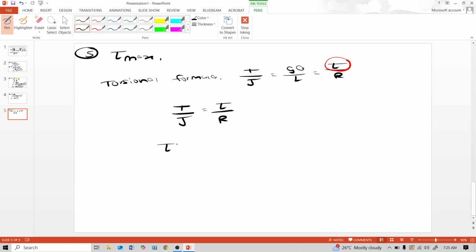Tau maximum is equal to T upon J into R, and use R maximum.